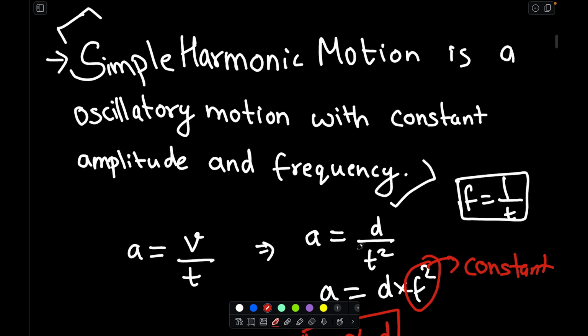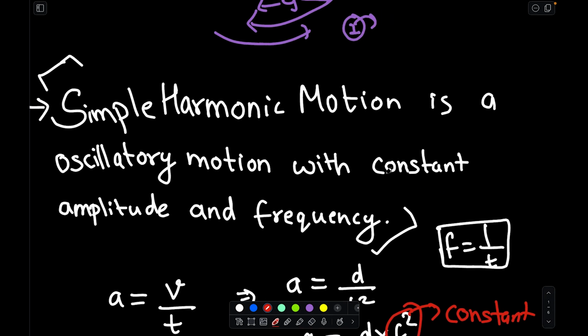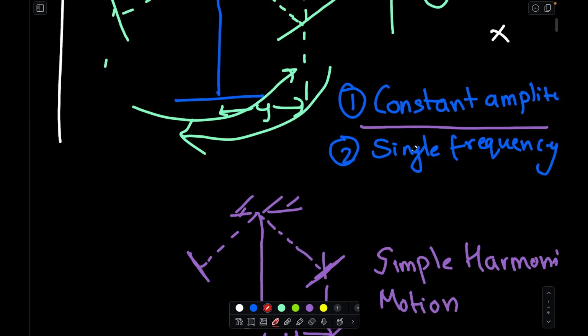So while writing the definition, instead of all this constant amplitude and frequency, we can simply write that a simple harmonic motion is an oscillatory motion where acceleration of the body is directly proportional to the displacement. That can be the definition too.